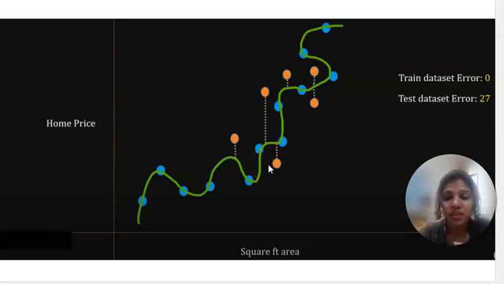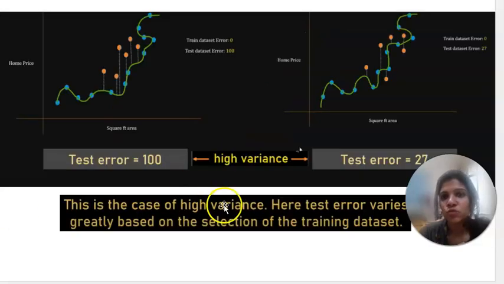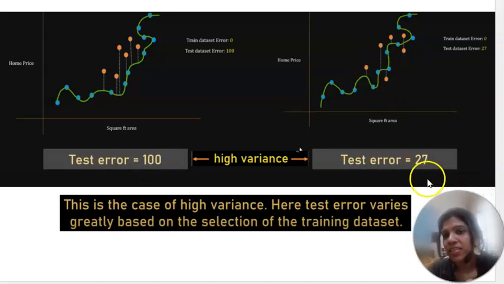So what is the conclusion that we understood from these two figures? In the initial way the test error is 100, and in the second method the test error is 27. That is very high variance between 100 and 27, right? So what is high variance? This is the case of high variance.